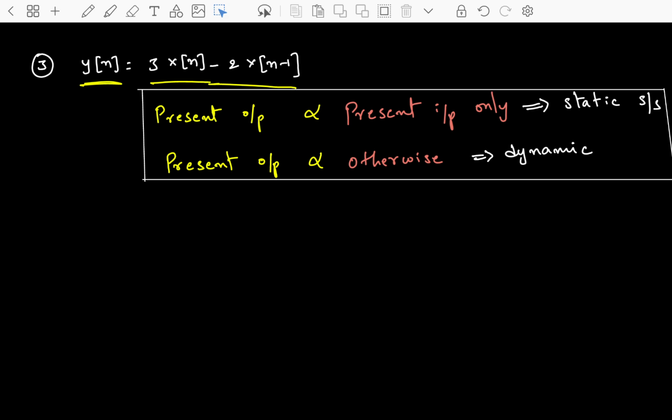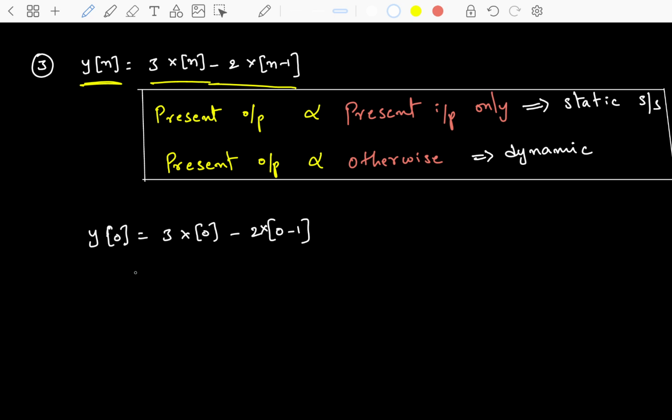Now we will check some values. y of 0 is equal to 3 into x of 0 minus 2 into x of minus 1.